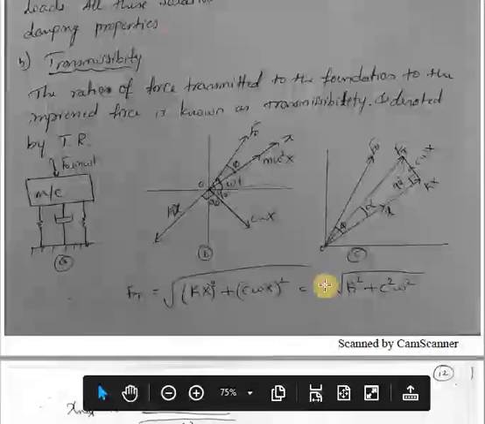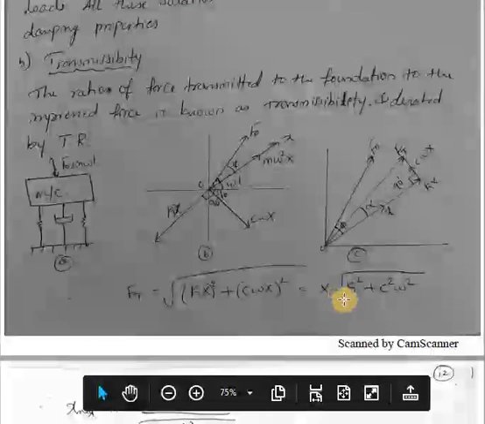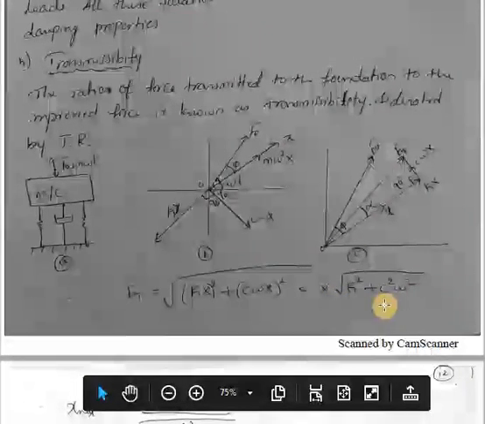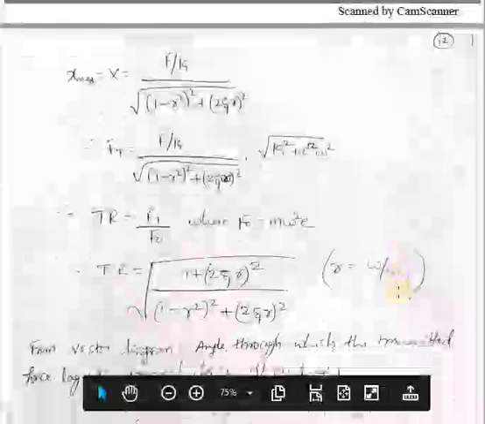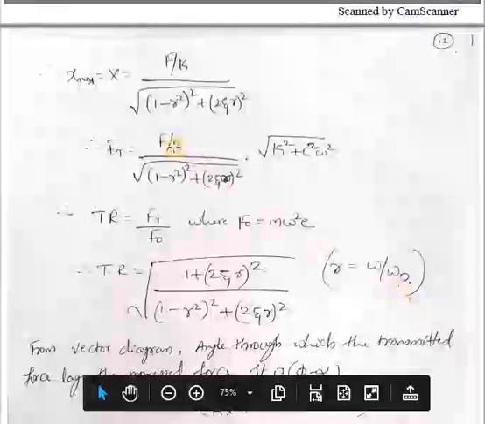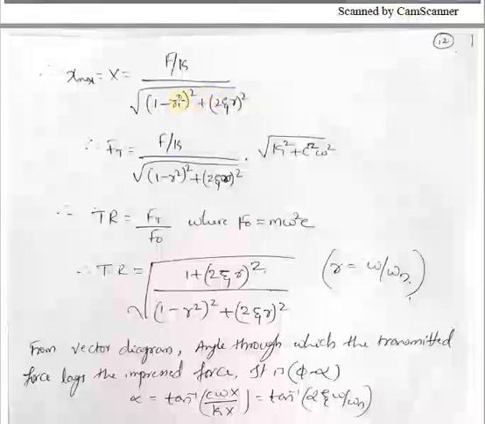Taking x as a common term, it is x times the root of k square plus c square omega square. Or I can write x max as x equal to F by k divided by the square root of (1 minus r square) whole square plus (2 zeta r) whole square, where r is omega by omega n.